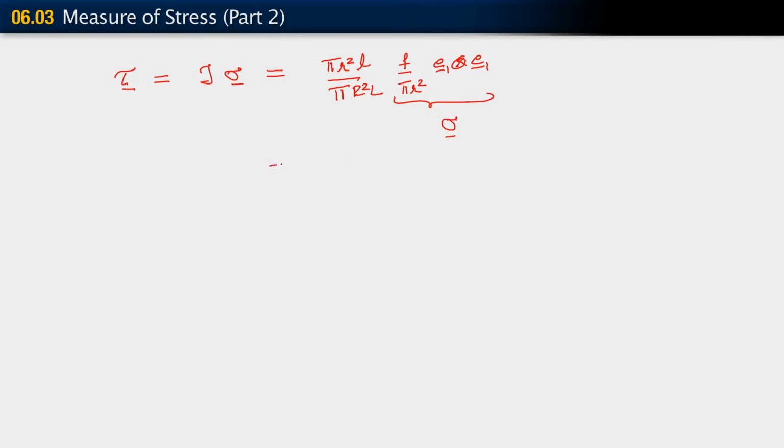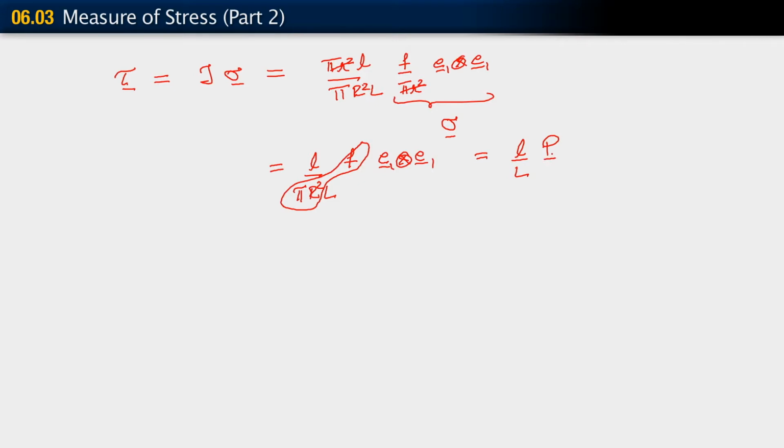So in this case, we get L over pi r square L F E1 tensor E1. And then we observe that when we combine these, we see P lurking in there. So this is actually little l over capital L P.